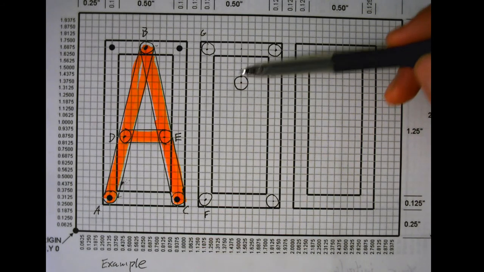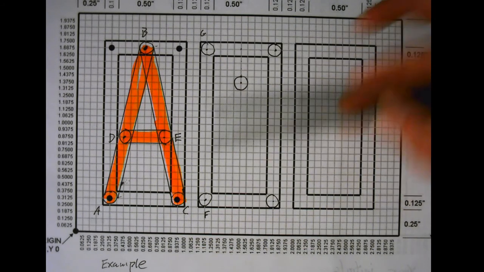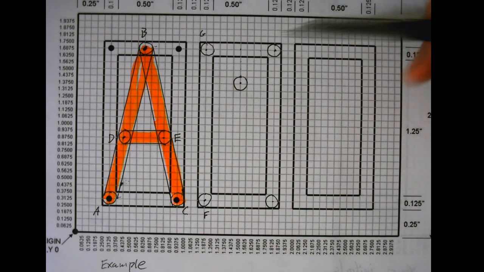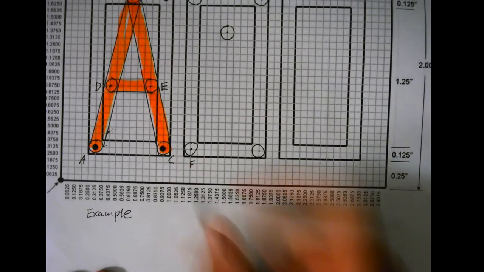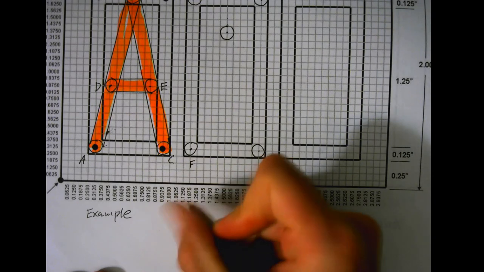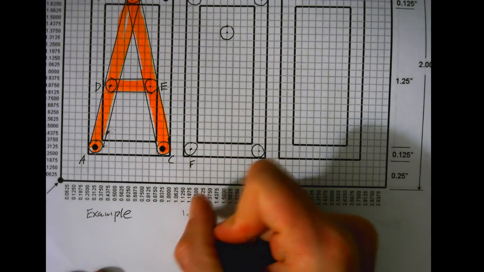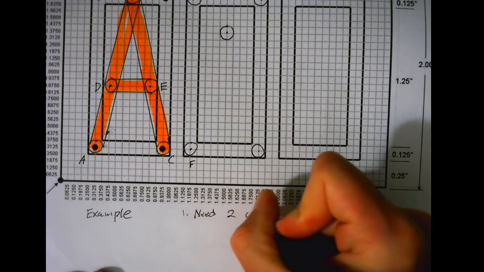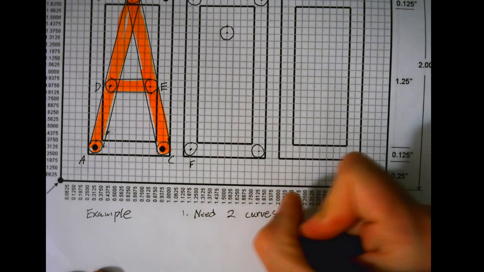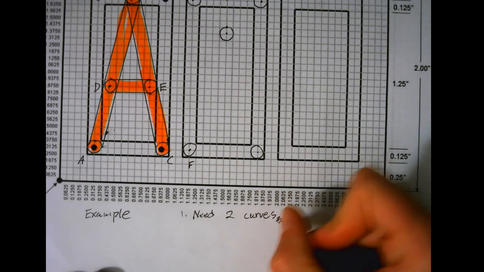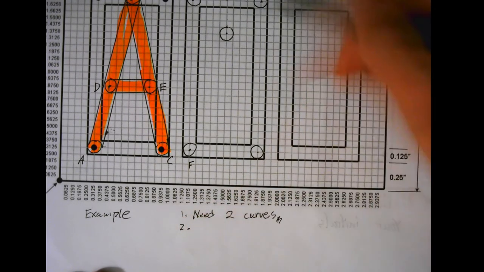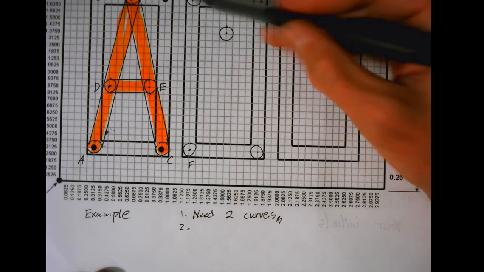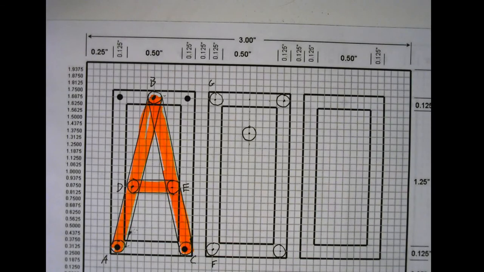So I'm going to show you the M real quick and how to do a curve, because one of your requirements is that you have to have 2 curves or arcs. And so I'm going to have my 2 arcs or curves right here in my M. So what I'll do is I'm just going to get a straight edge, and I'm going to draw my curves out.